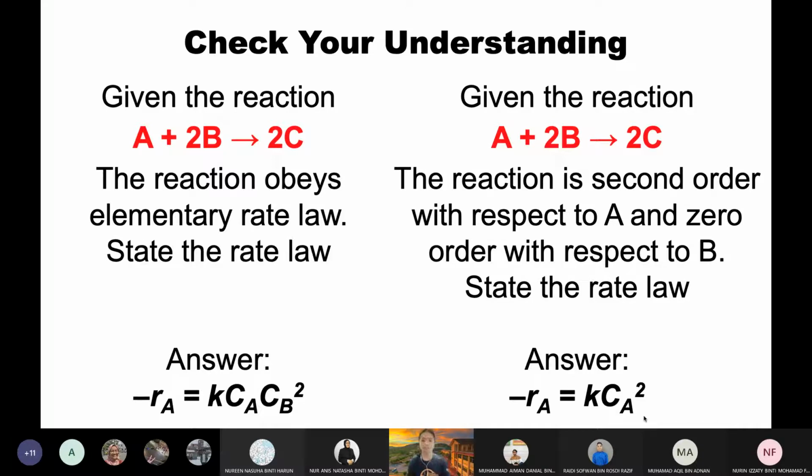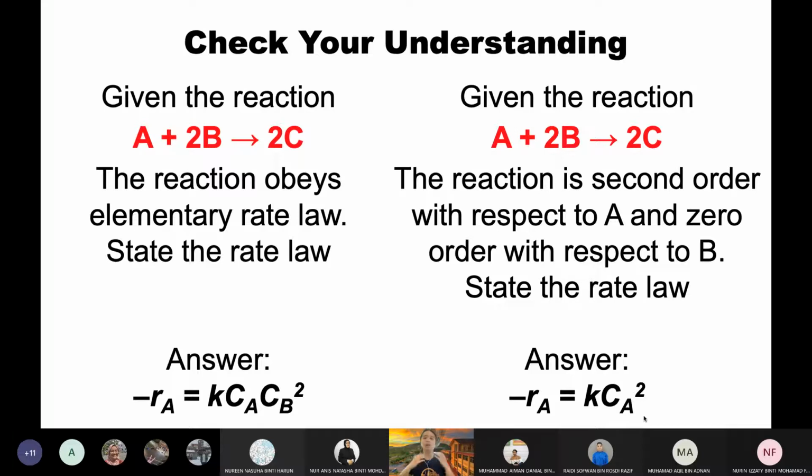So you must understand, ini beza dia, elementary rate law dan non-elementary rate law. Kalau elementary, you look at the chemical equation. Non-elementary rate law, it does not follow the stoichiometry coefficient anymore. So I did explain last week kenapa. Kamu kena faham, reaction does not necessarily mean only one kind of mechanism taking place at one time.